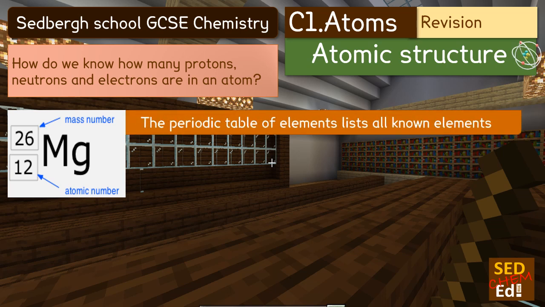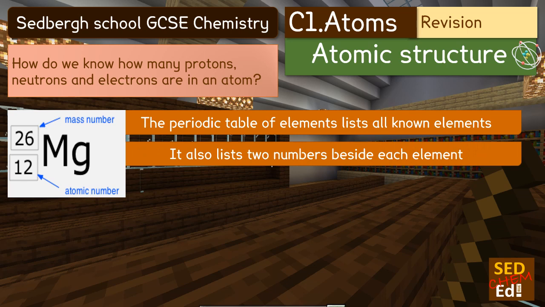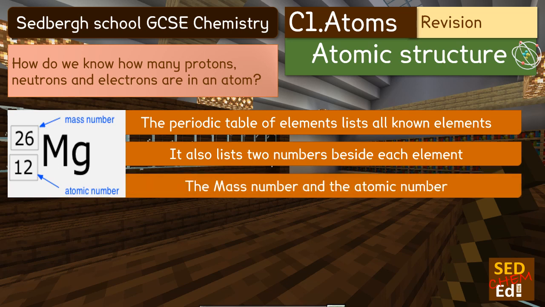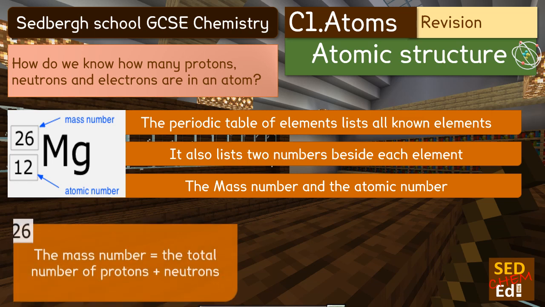For example, as well as listing all known elements, the periodic table also lists 2 numbers besides each element. The mass number is the larger of the two numbers and the atomic number the smaller. Different periodic tables arrange these numbers differently, so always remember that the smaller number is the atomic number, the larger number is the mass number. You will need both when doing GCSE calculations.